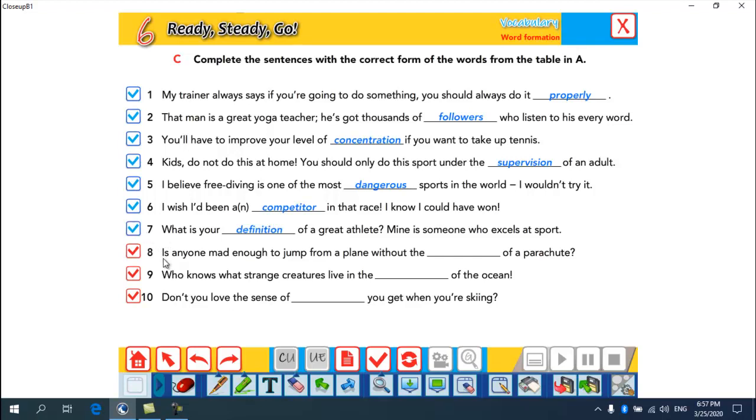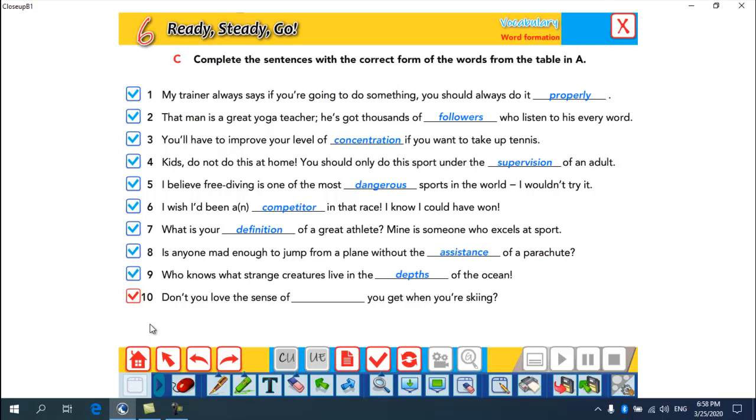Eight, is anyone mad enough to jump from a plane without the assistance of a parachute? Without the what? Okay, yes, it's assistance. Nine, who knows what strange creatures live in the depths of the ocean? Live in what? Yes, live in the depths of the ocean.